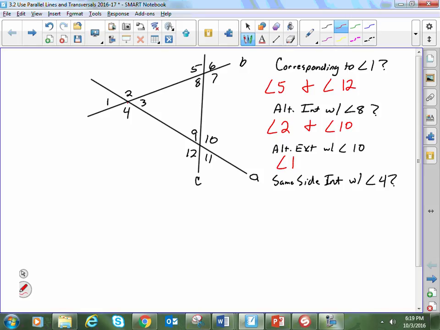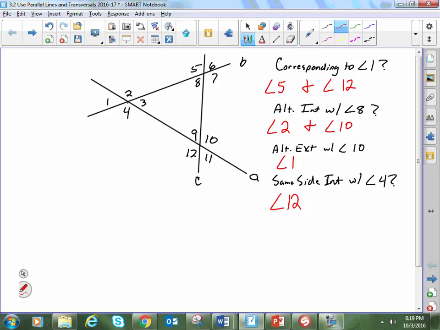So the last example, the last question I asked you to try, same side interior angles with angle 4. Now angle 4, if I look at line A as a transversal line, then I can say angle 12 is a same side interior angle to angle 4.